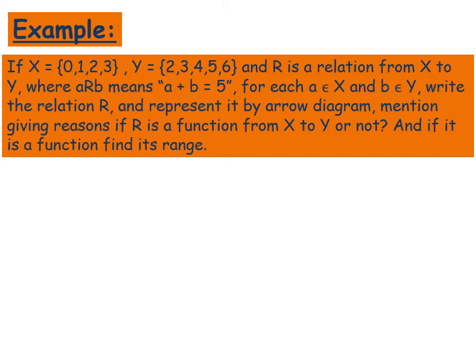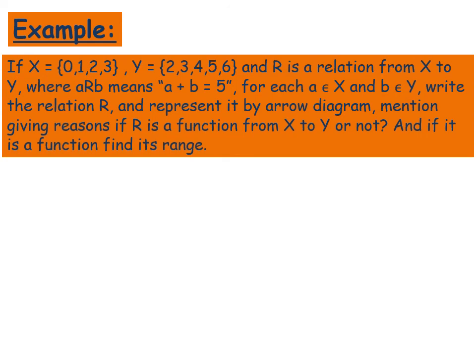So I want the ordered pairs whose sum equals 5, like (0,5), (1,4), (2,3), and so on. For each a belonging to x and b belonging to y, write the relation R. First, write the relation and represent it by an arrow diagram. Then, giving the reason, state whether R is a function from x to y or not, and if it's a function, find its range.